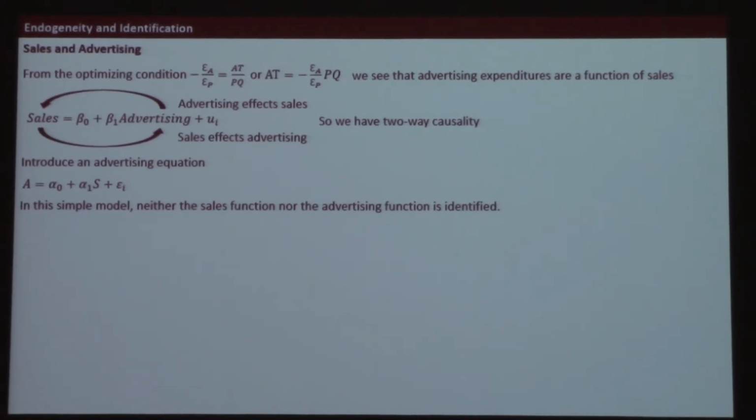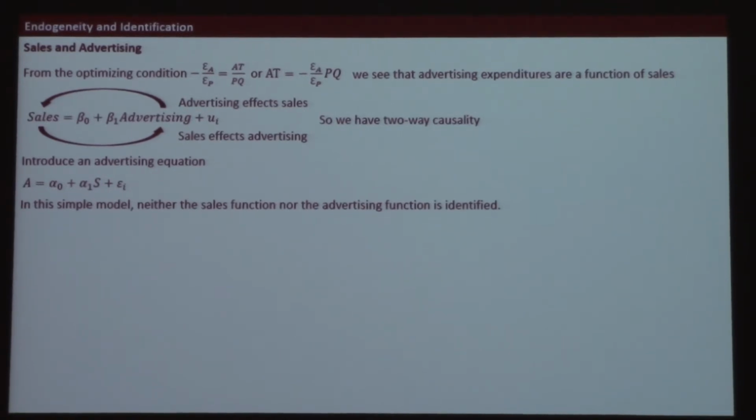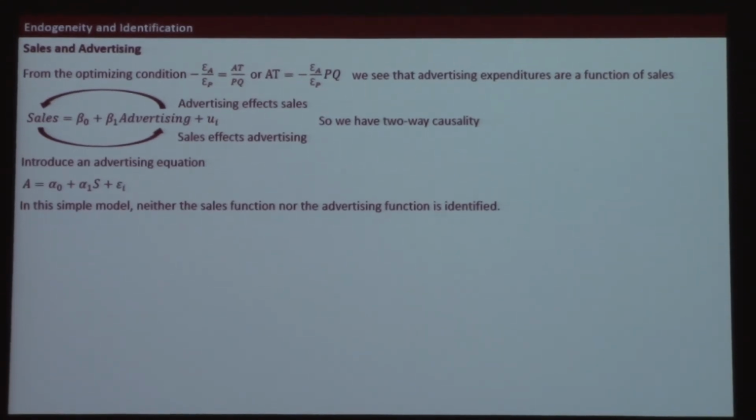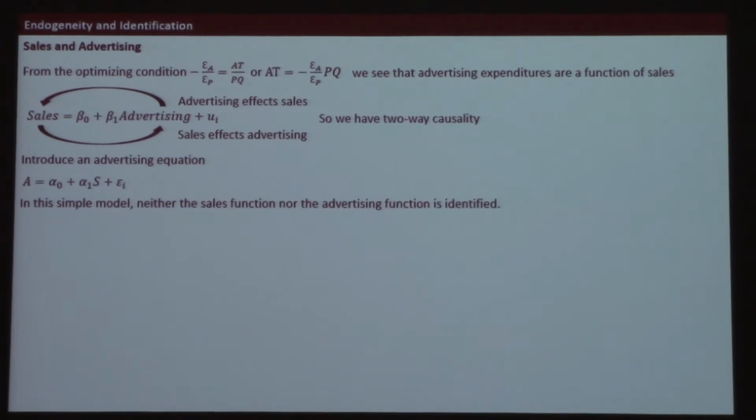So we have our sales function. It's just another example. So we've got our sales function. So we got sales equals beta 0 plus beta 1 advertising plus our error term UI.